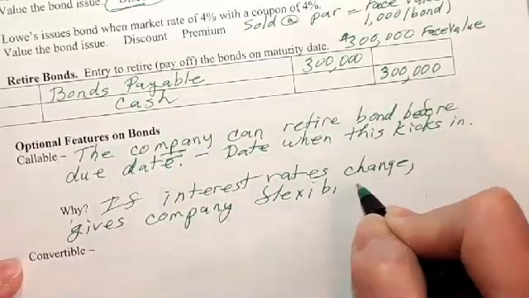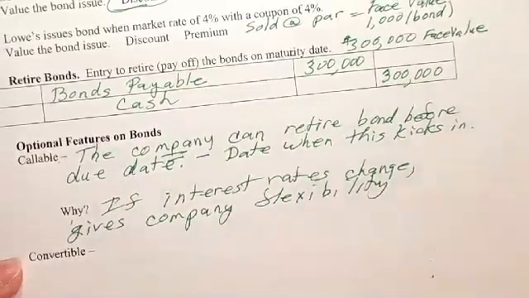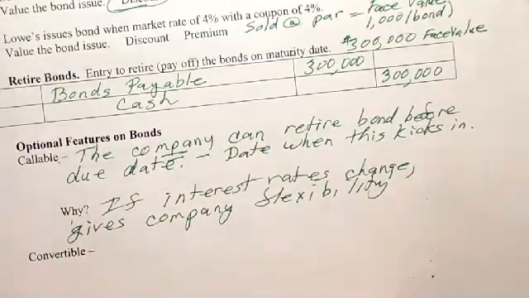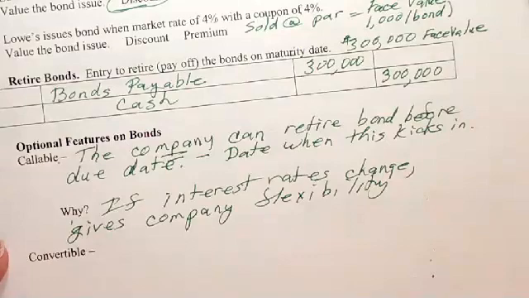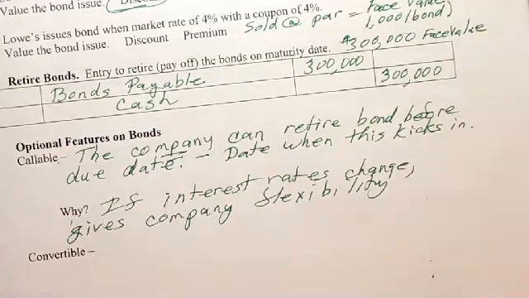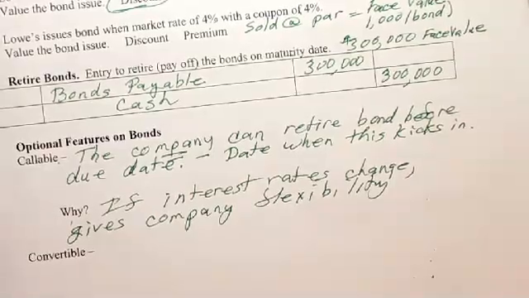And almost all bonds are callable at some point. SIU issued some bonds for the residence halls that, when they issued them, were paying like 6%. Well, now interest rates are like 1 or 2%. And so they've got that option to call those bonds and reissue them at the newer rates.